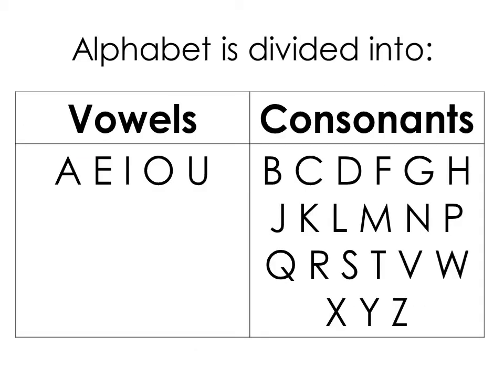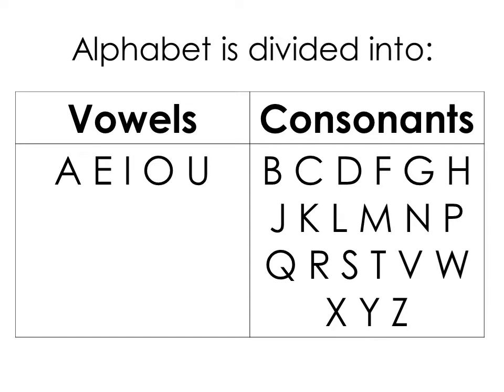So the alphabet is divided into 2. We have vowels and consonants. For vowels, we have A, E, I, O, U. So if we say vowels, these are the letters that are vowels: A, E, I, O, and U. While on the other hand, we have consonants.